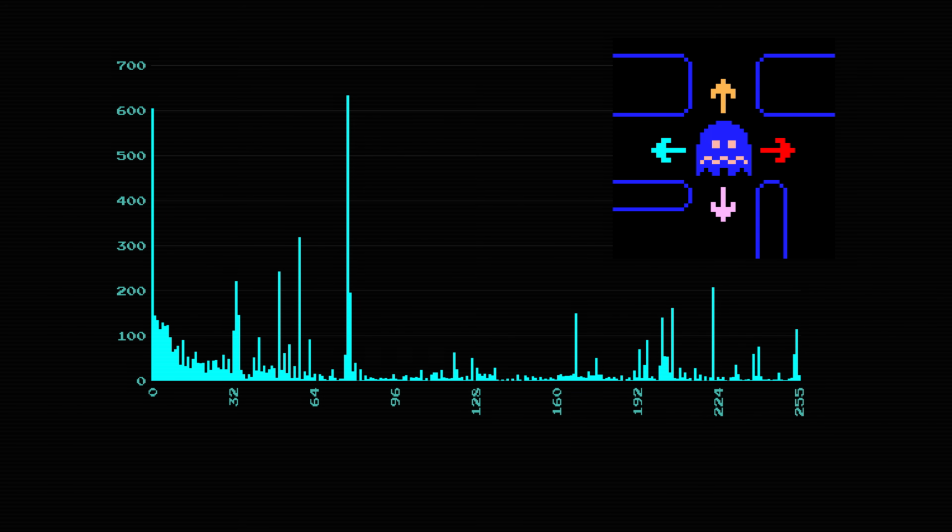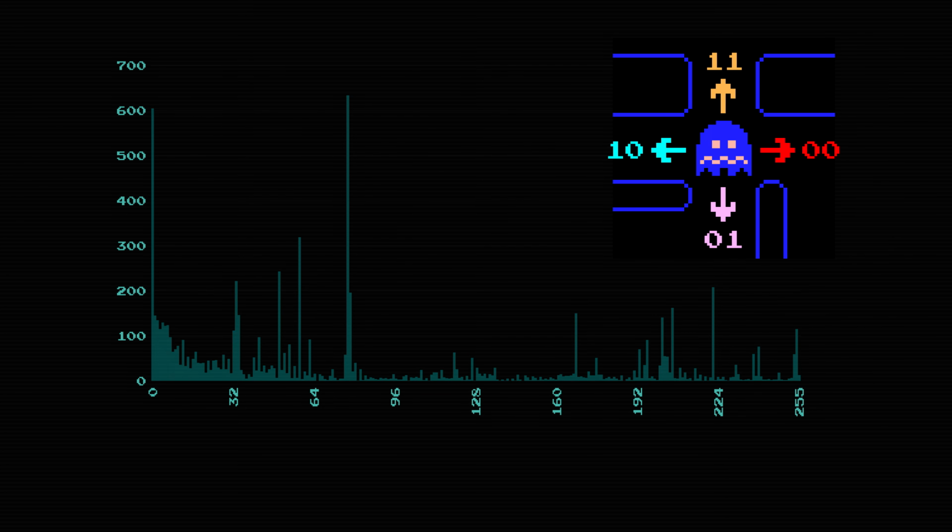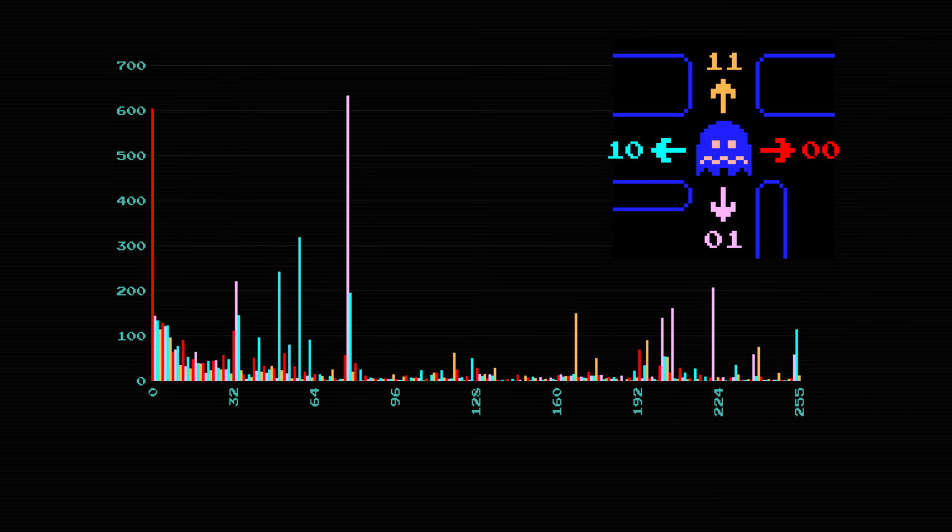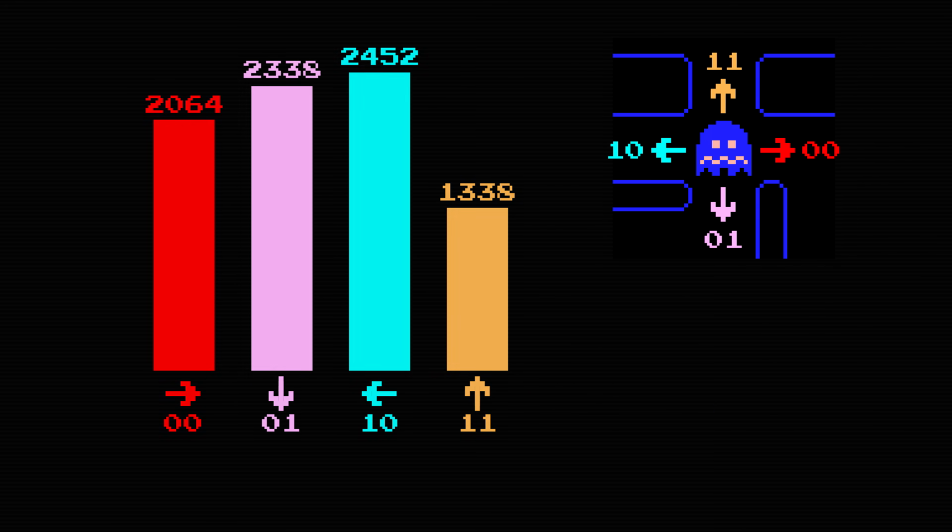The actual mapping of these bits to directions is 0, 0 for right, 0, 1 for down, 1, 0 for left, and 1, 1 for up. Because of this, the only part of the output of this RNG function that's really important is the bottom 2 bits. So let's regroup all of these outputs based only on their bottom 2 bits.